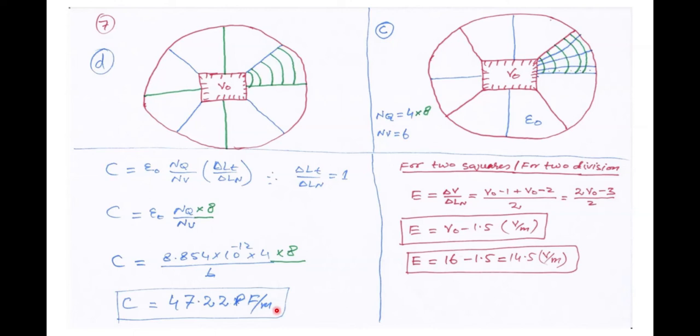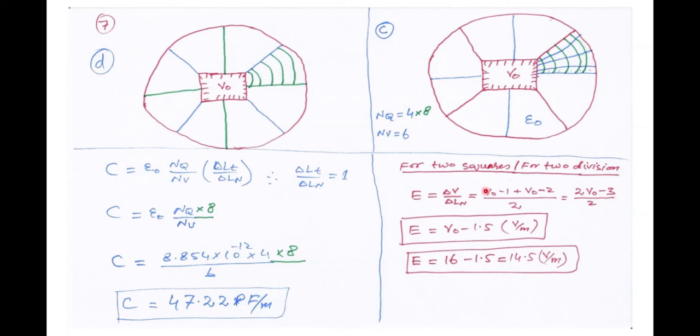Using the curvilinear square map method, you can also measure the value of the electrostatic field. For instance, let us consider this big flux tube, and we want to measure the electrostatic field at a curvilinear square to the right side of the inner conductor.